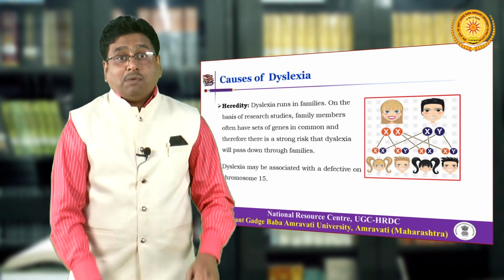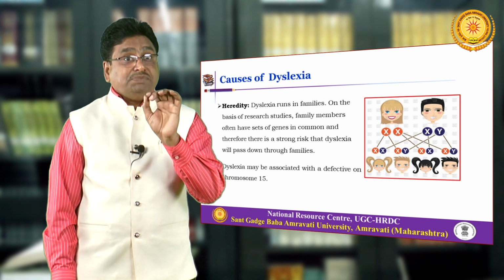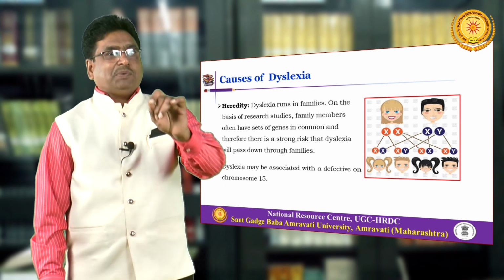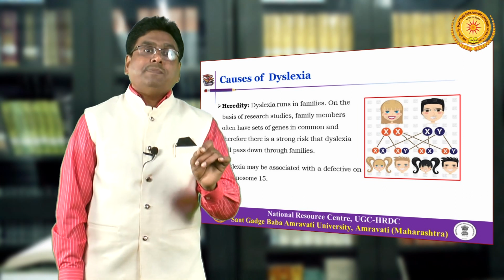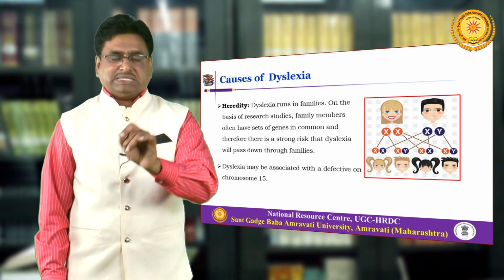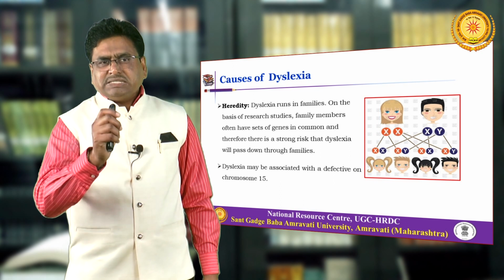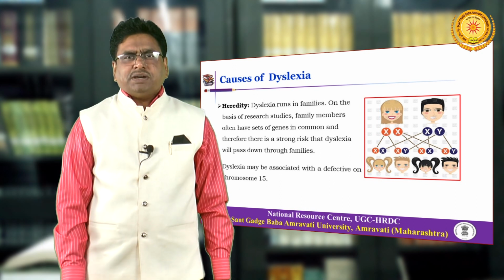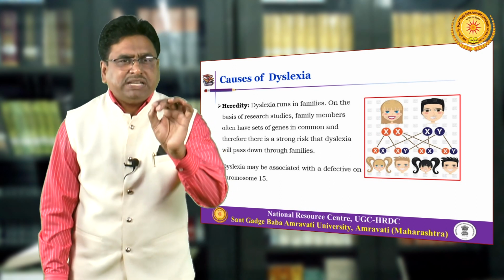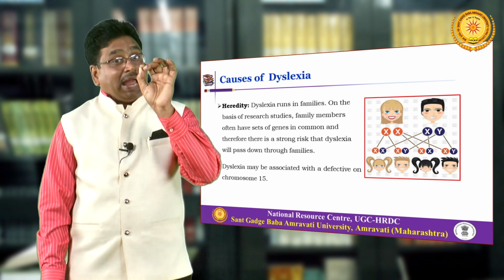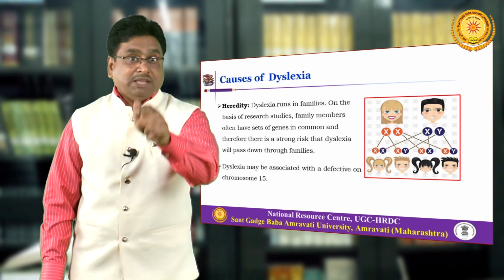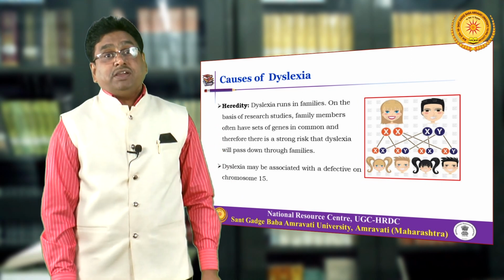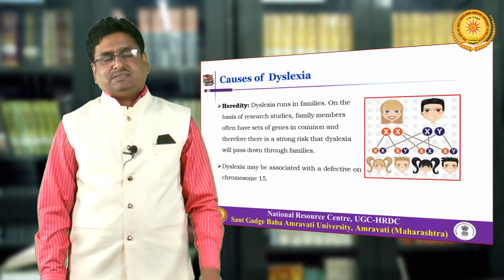Family members often have sets of genes in common, and therefore, there is a strong risk that dyslexia will pass down in families. Parents and other close family members who had difficulty with reading, spelling and struggled in school could well have had dyslexia even if their difficulties were unrecognized.